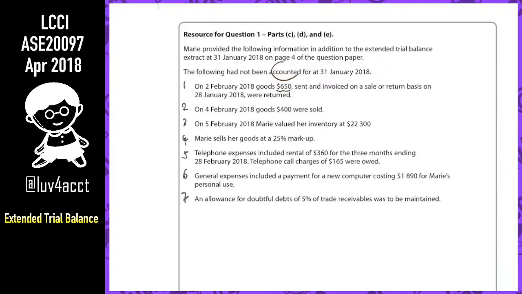So this is not related to our current year. Our current year ends 31st of January. And on the 5th, Marie, that is the owner, valued her inventory at 22300. That is important, because when we count our inventory, this is already sold.